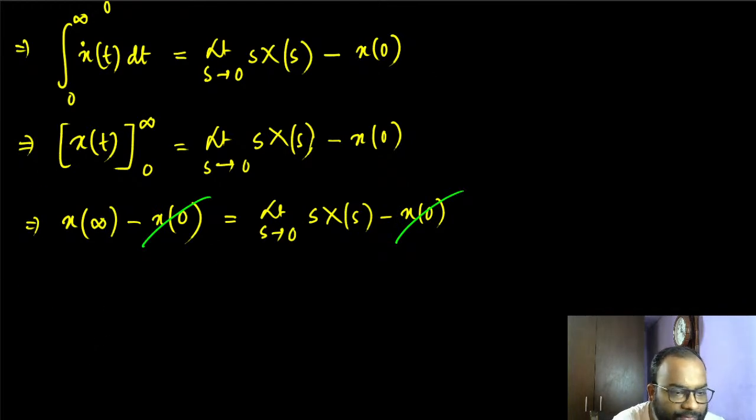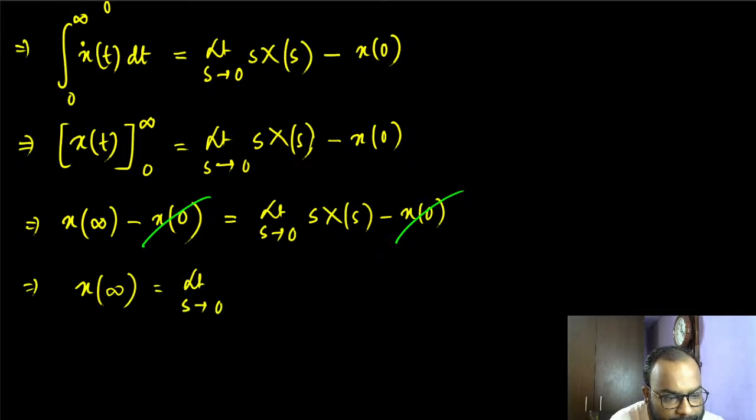So what we have now figured out is that x infinity can be calculated without calculating the inverse Laplace transform, because this is equal to this limit. I shall show you an example that will make this more evident.